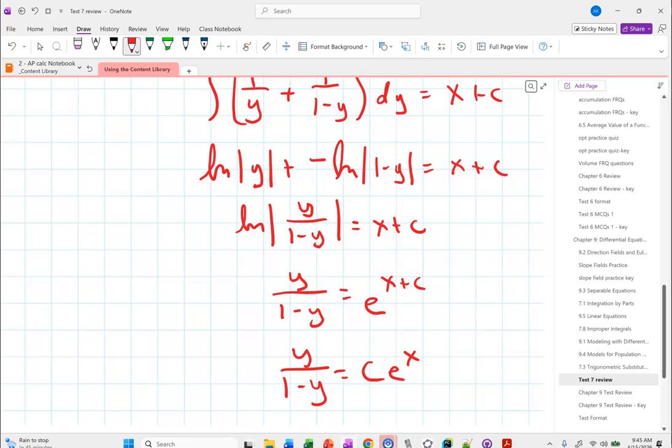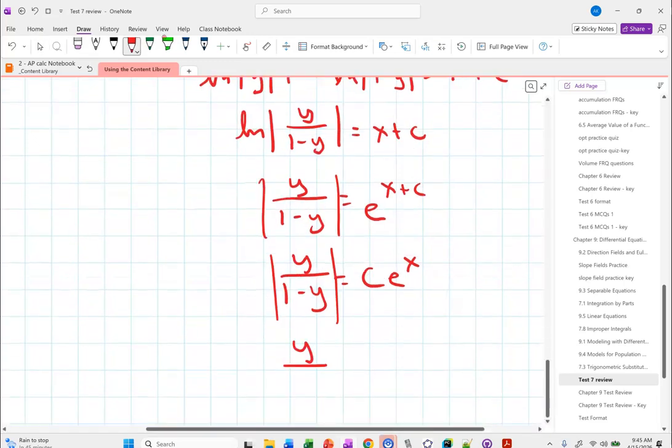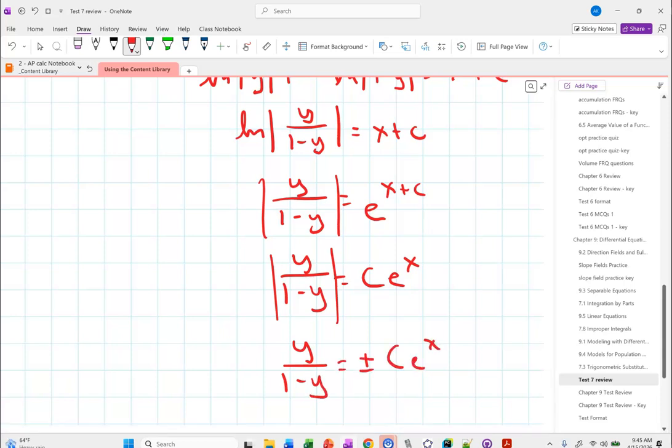And I guess there's an absolute value here still. And if I drop the absolute value, I can put the plus or minus over there. But I don't really need to put the plus or minus over there because it can just be absorbed up into the C anyway. So you could write it with or without it. It's correct either way.